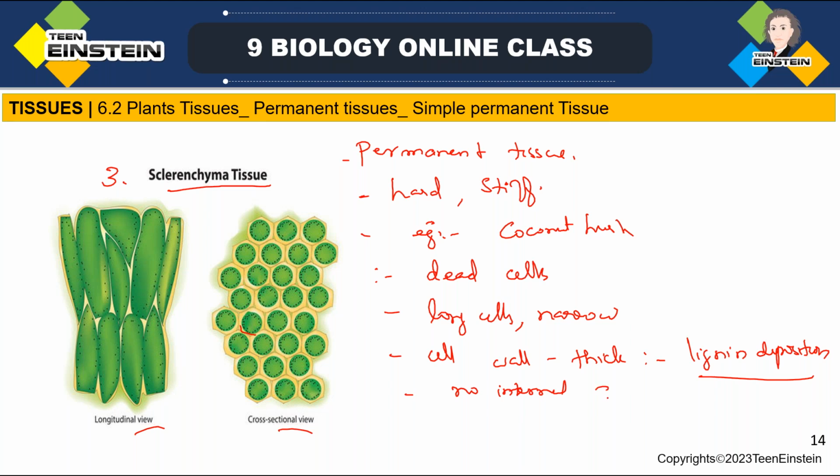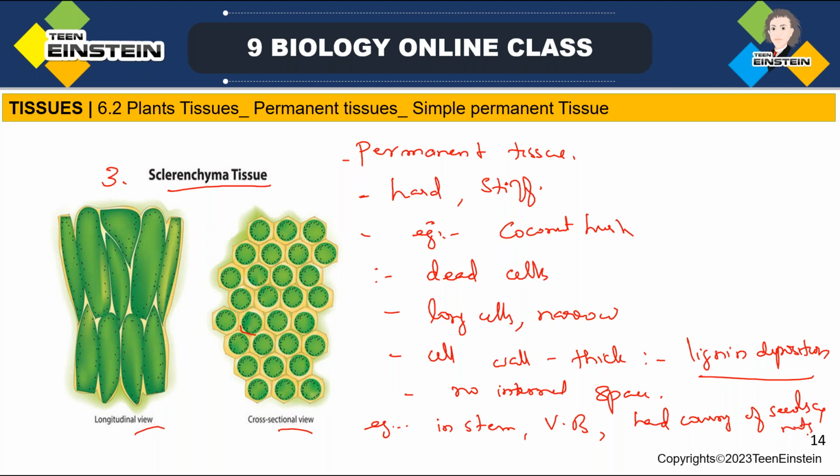This kind of tissue is present in the stem and around vascular bundles, then in the veins of leaves and in the hard covering of seeds and nuts.